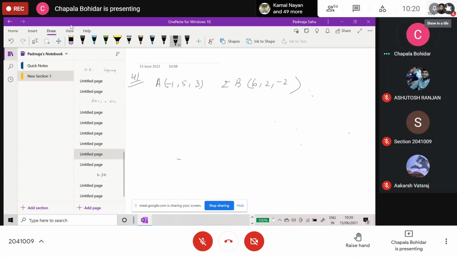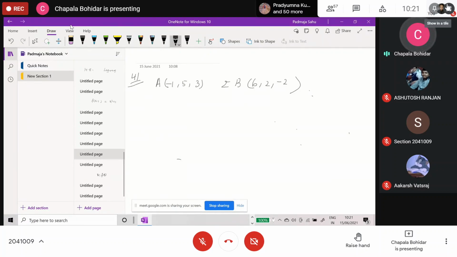What will you do? Can anybody say what we will do? Ma'am, we have to equate the equations. Let the point be x, y, z and find the distance to A and to B, and equate these two.